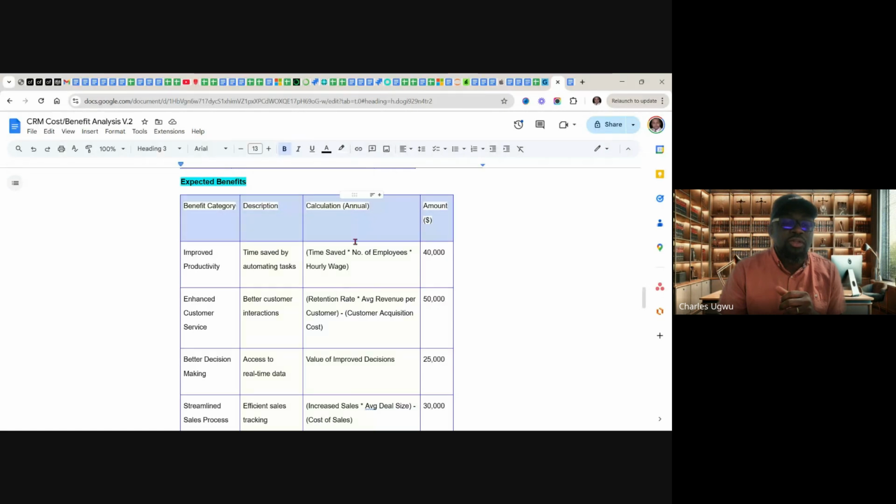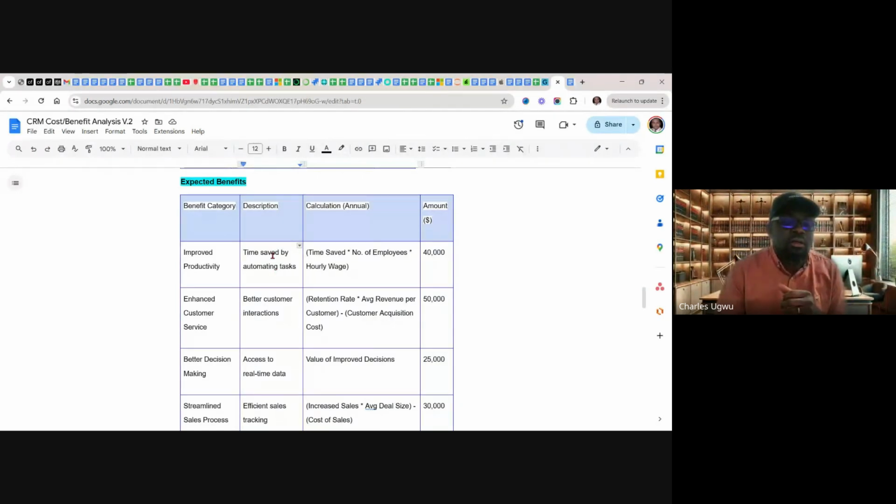So the calculation here is time saved times number of employees. You have to determine the amount of time you saved from the automation.